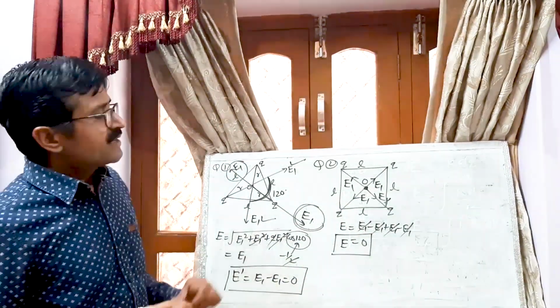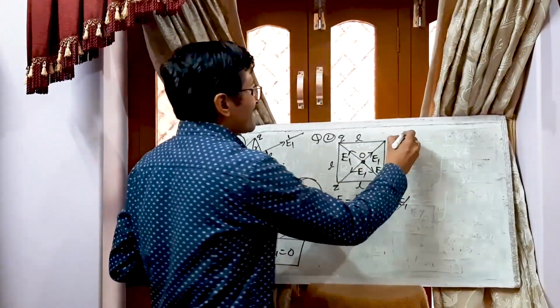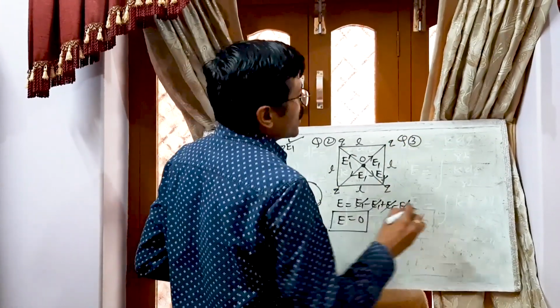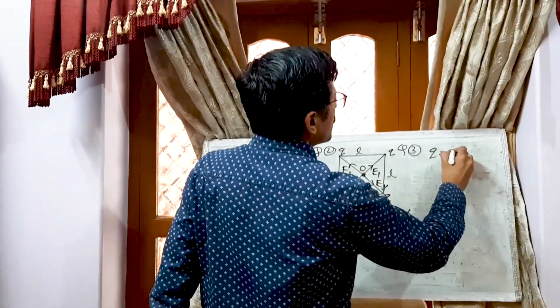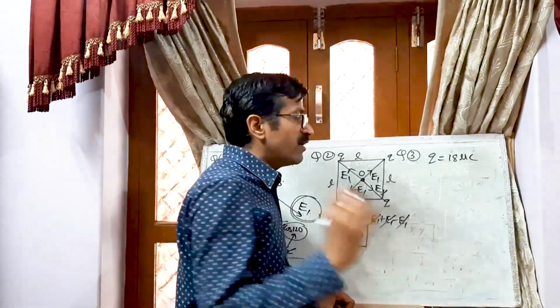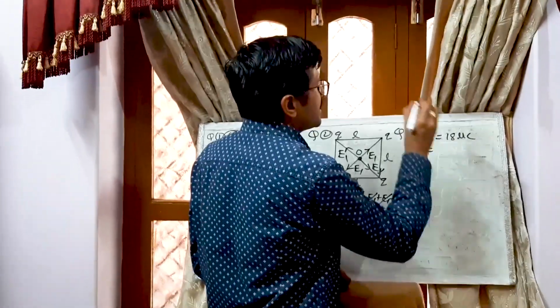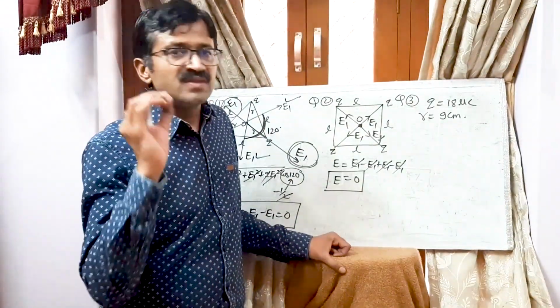Another question, which we are taking on the basis of simple data. Question number three: you are given a particular charge Q of 18 microcoulomb, and you have to find the electric field intensity at a distance of 9 centimeter from this charge.